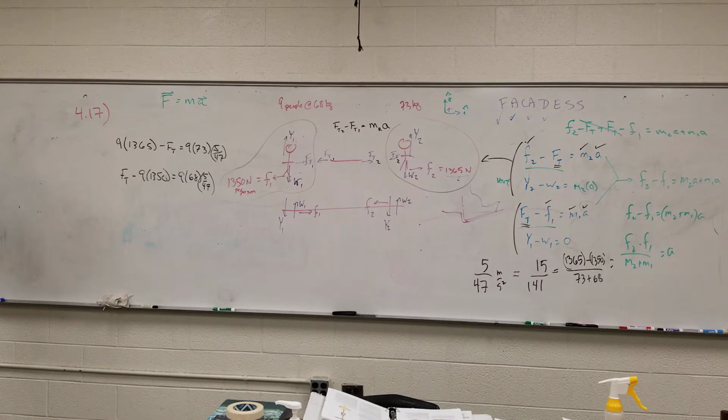This time the 9s don't cancel out, and so you definitely need to have them in there. And then the tension amounts to find out whether those tensions are the same.